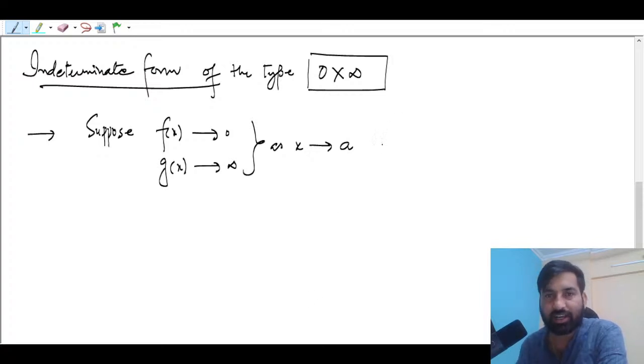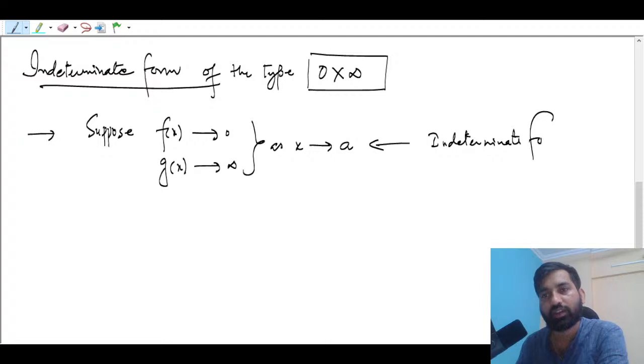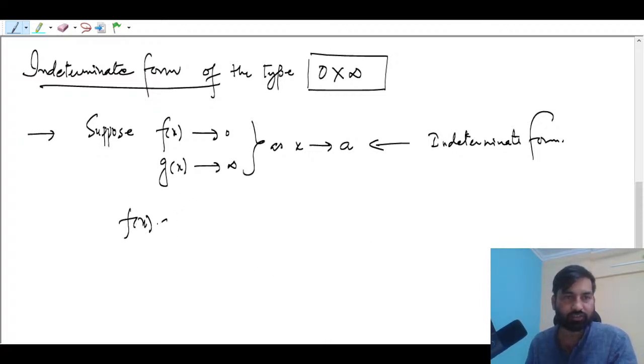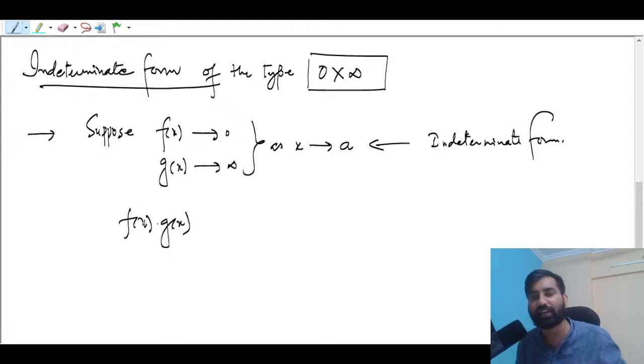This is nothing but an indeterminate form, because you have got f(x) into g(x), where f(x) is becoming 0 and g(x) is becoming infinity.